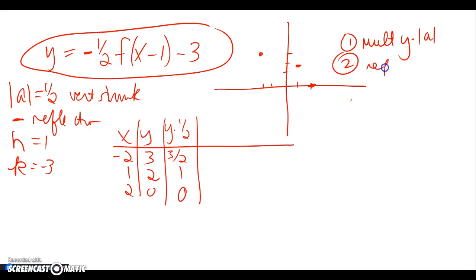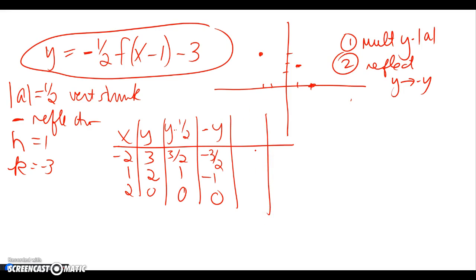Second step, reflect, which means the y is just changed to a negative y. So I'm going to take the negative of this: negative 3/2, negative 1, 0. Okay, next step was x plus h. H is 1. The final step will be y plus k, which in this case is negative 3.